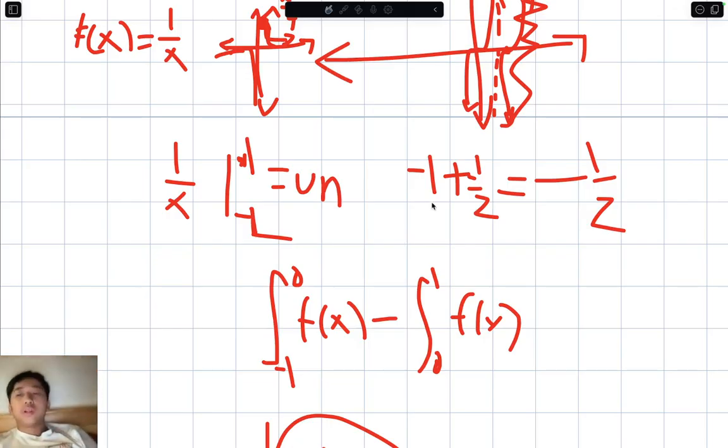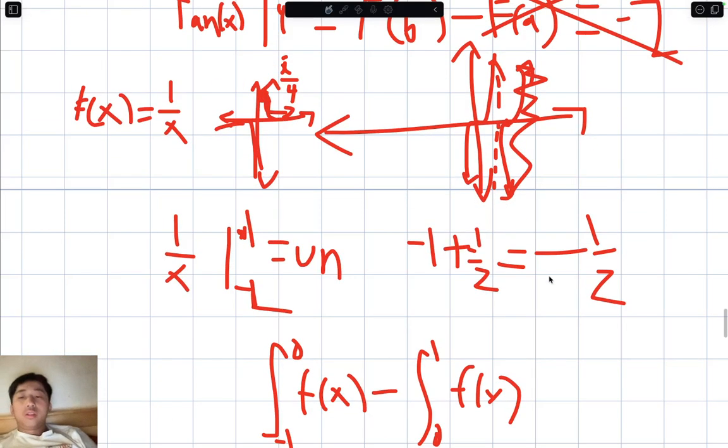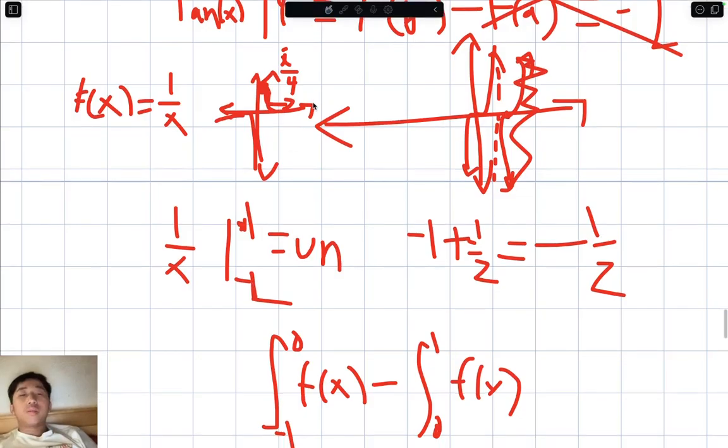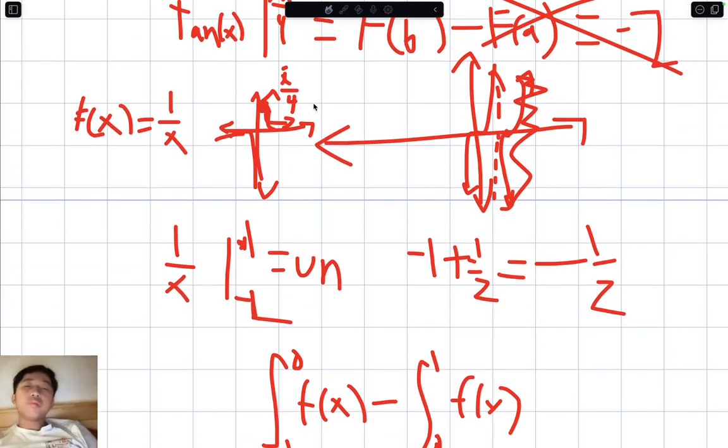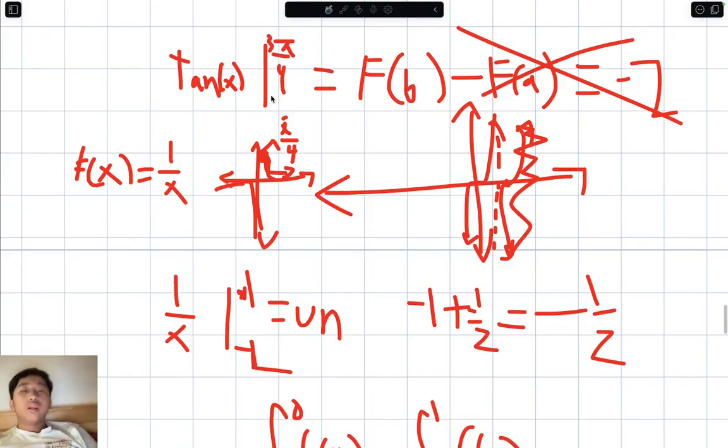So therefore, it's just undefined past 0. If you try to get the area under 1 over x past 0, you just can't. Unless your bound started from like 1, and possibly if your bound was like 1 to 100, maybe.